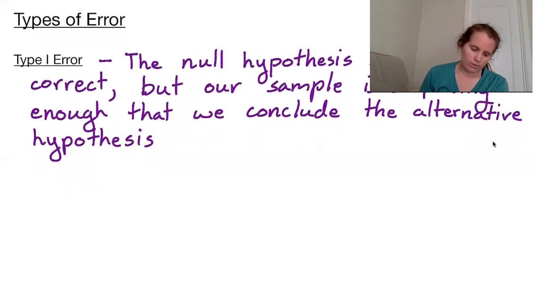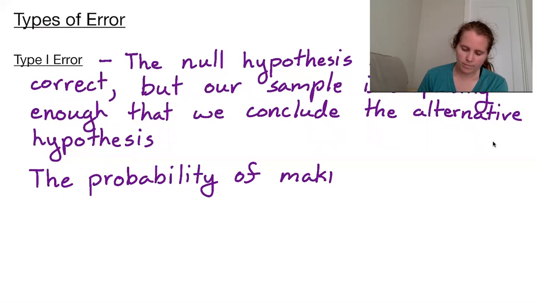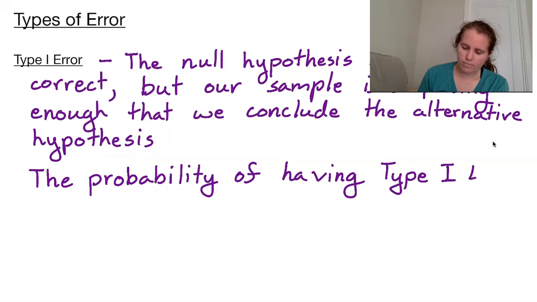So the probability of making a type 1 error, or of having type 1 error, is equal to the significance level.